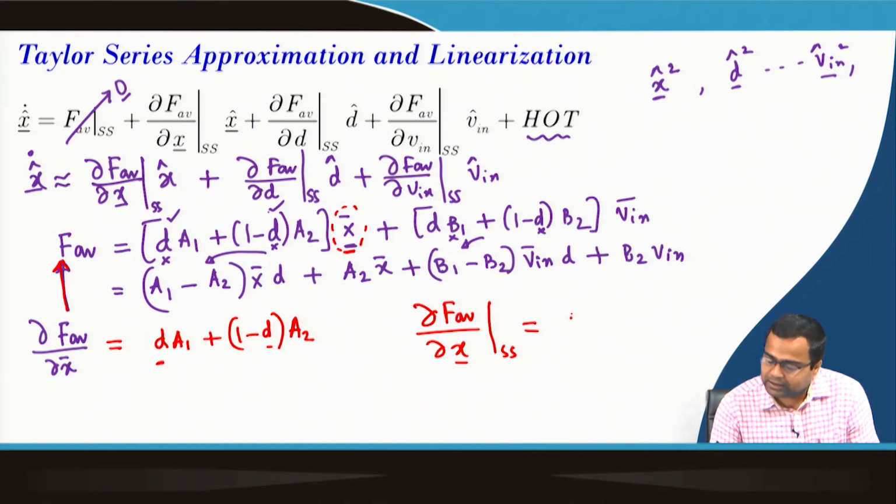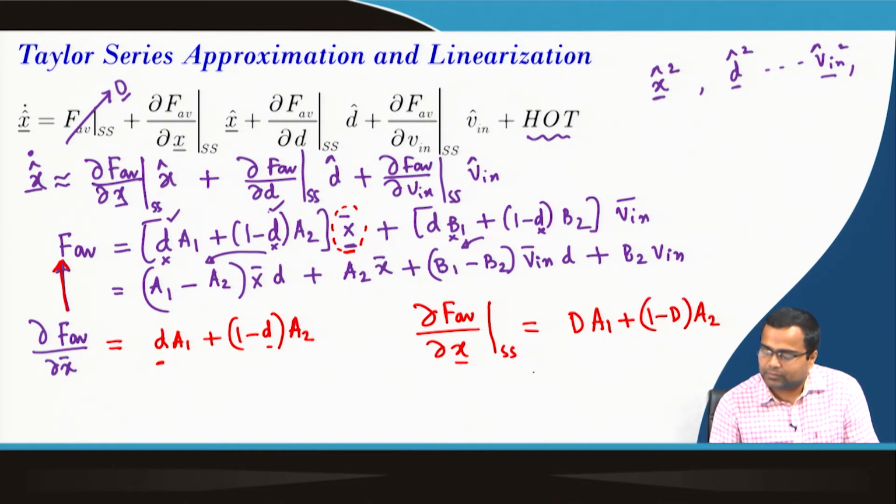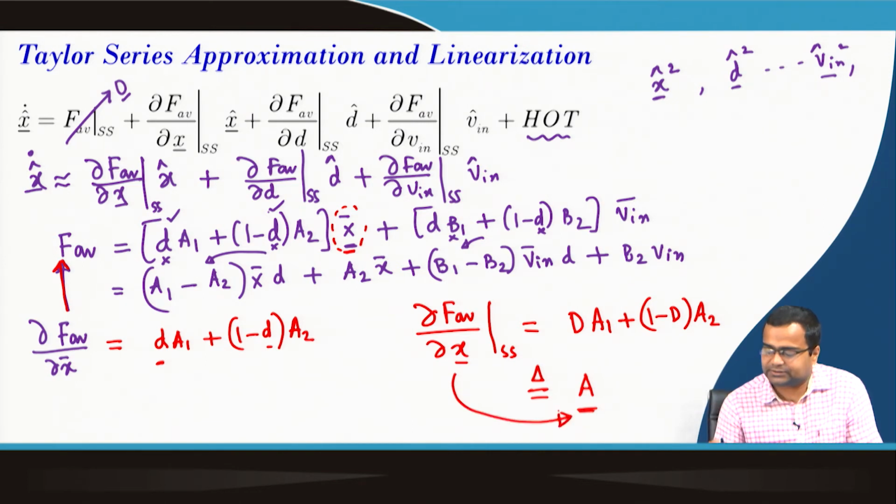So, it will be d into A 1 plus 1 minus d into A 2, and this we represented as the A matrix.